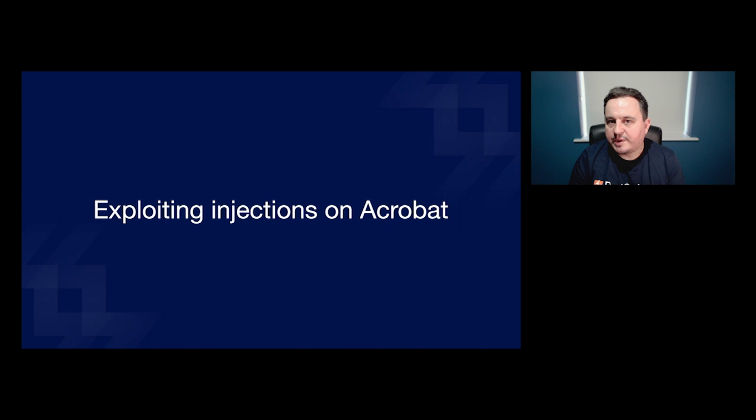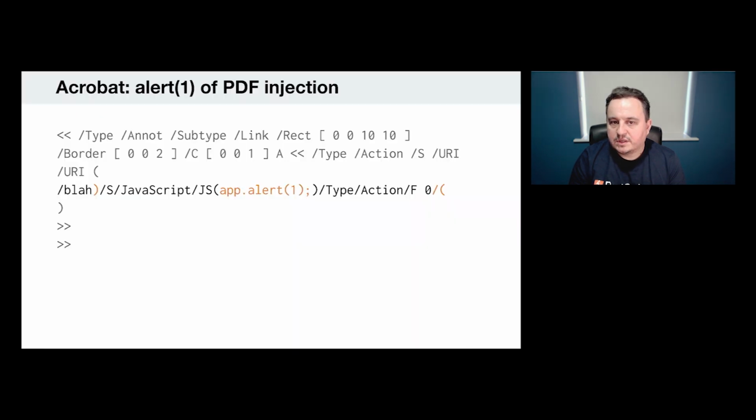Now I'm going to talk about exploiting the injections on Acrobat. This is the alert one of PDF injection. I use this as my base code every time I wanted to improve upon what an injection does. First we break out of the PDF string. The grey code is the existing code. The black code is actually our injection.